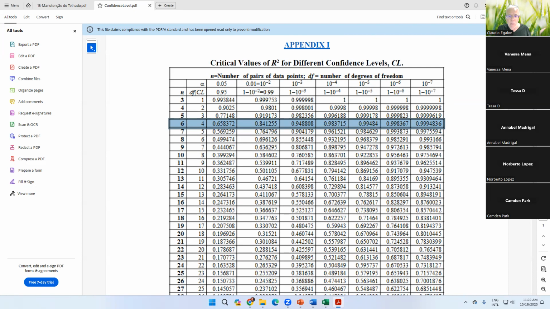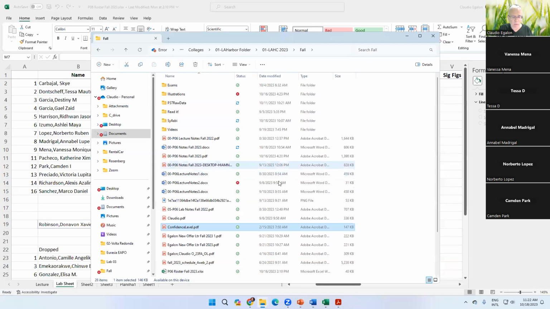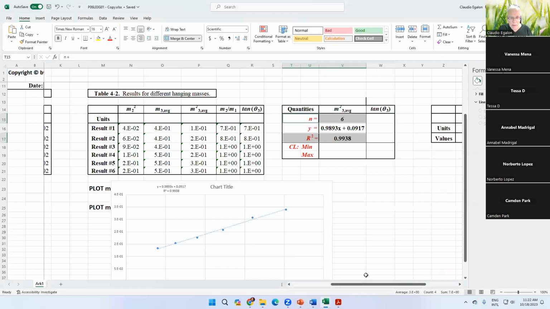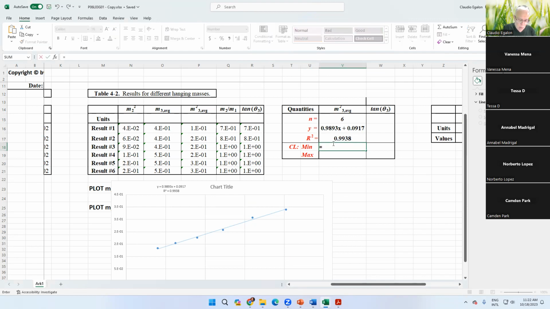So the lower bound of the CL is this value here. And the max, or upper bound, is this one here. 1 minus 10 to minus 4, 1 minus 10 to minus 5. So go ahead and type it in your table. But you have to put equal 1 minus 10 to minus 4.